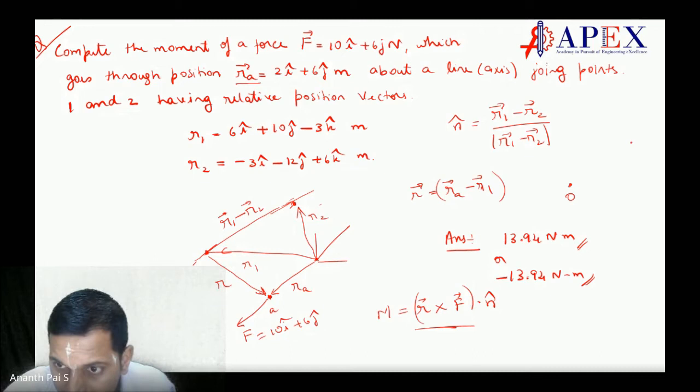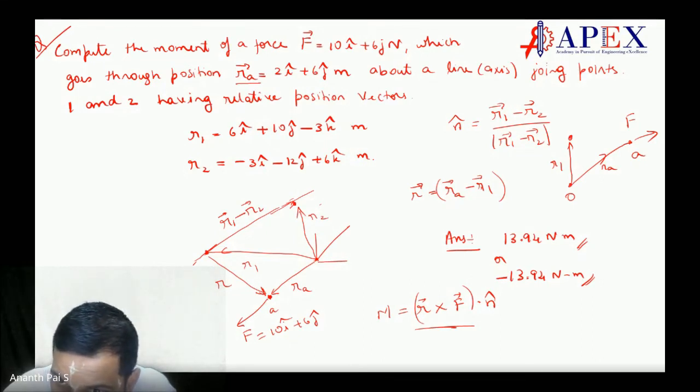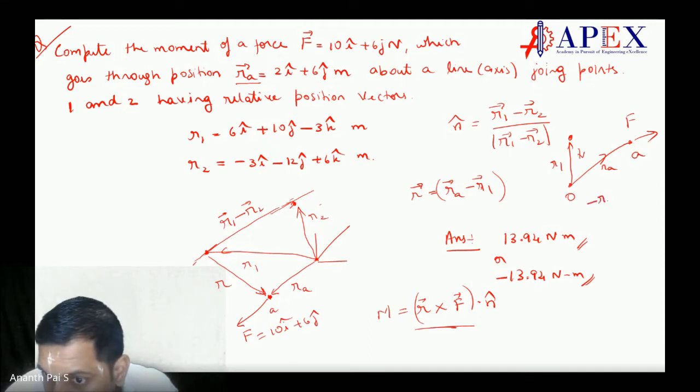This is the place where the force is acting, point A. R1 is somewhere here, and RA is here. So if I do RA minus R1, what will happen? RA is here. If I go in this fashion, it is minus R1 plus RA is equal to this R. R should close here, equal to R. Make sense?